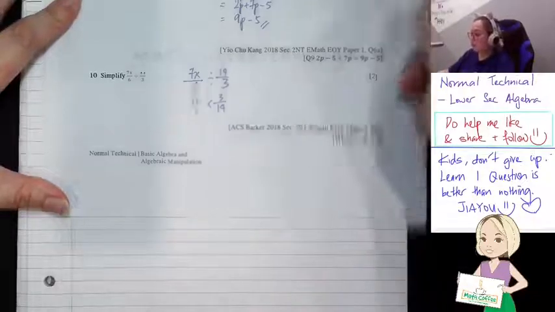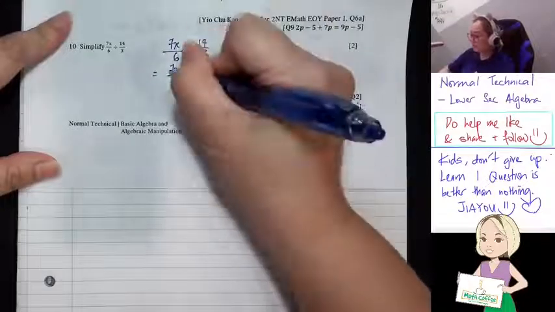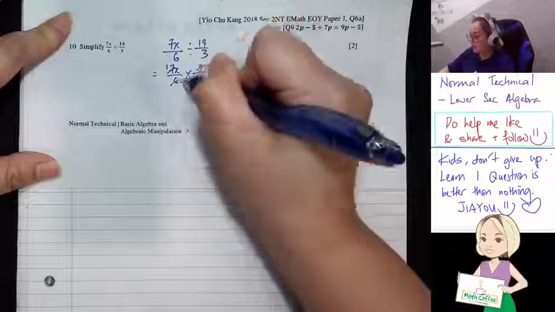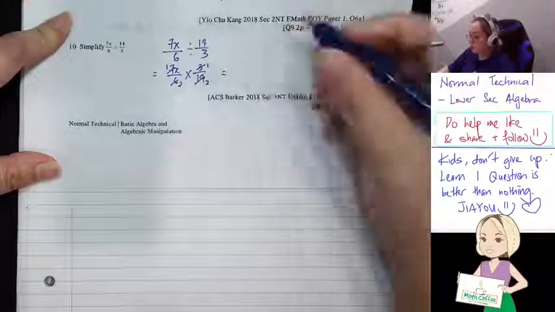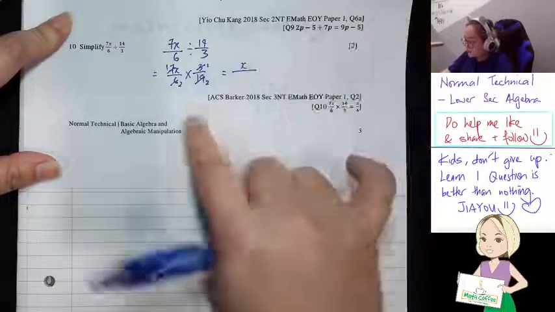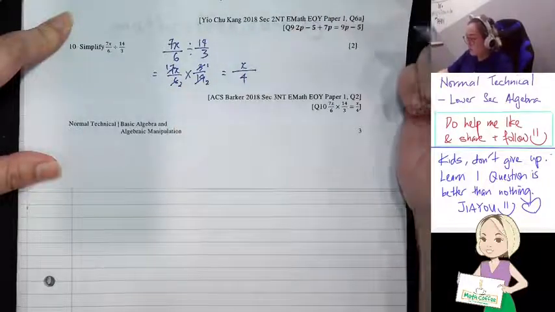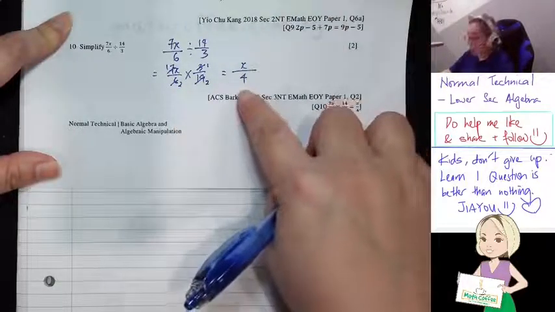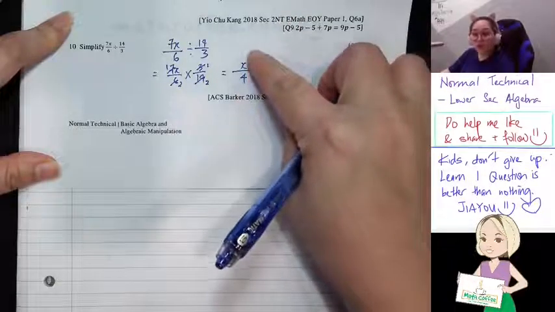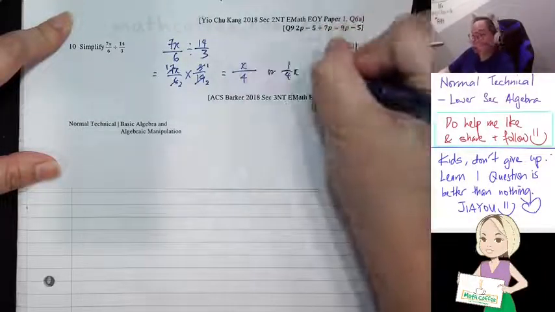Then again follow the ribbon rule, check the diagonal, the 7 and 14 divide by 7 gives 1, divide by 7 gives 2, divide by 3 gives 1, divide by 3 gives 2. So in this question, the numerator I have 1x times 1, which is just x. Denominator is 2 times 2, which is 4. You can leave your answer as x over 4, or remember I said when the alphabet is at the numerator, you can put it in the middle, or you can put it as 1/4 x. Both are the same. Both are the same.